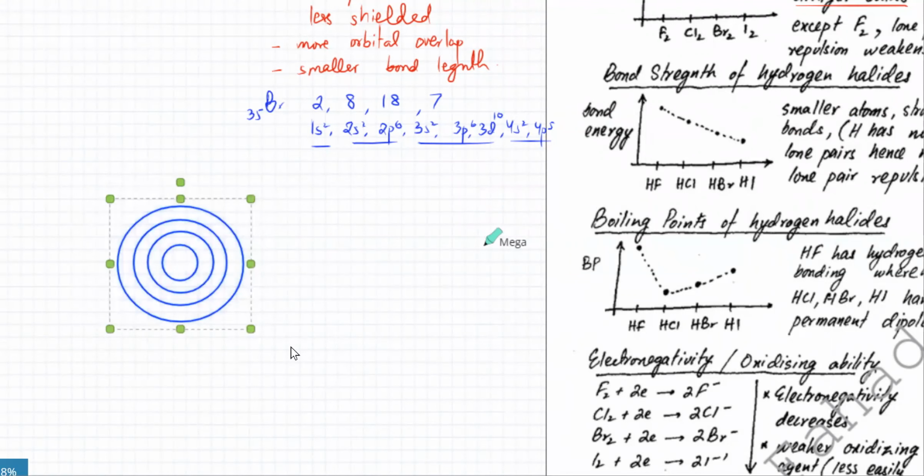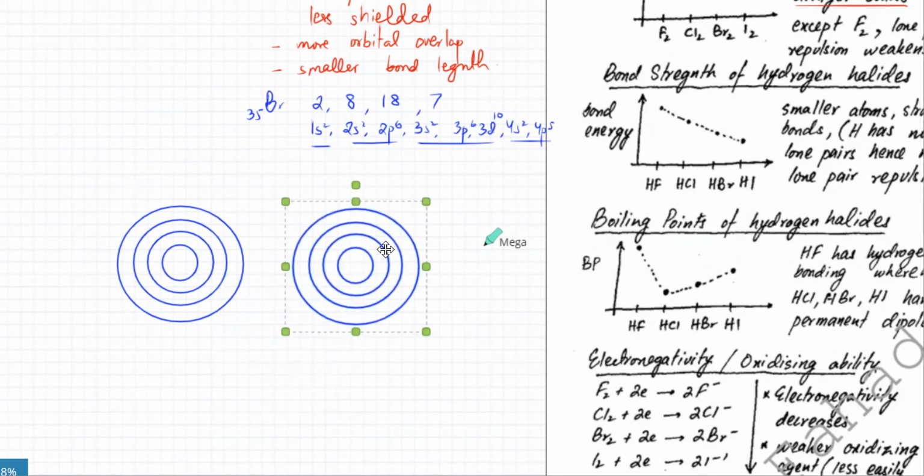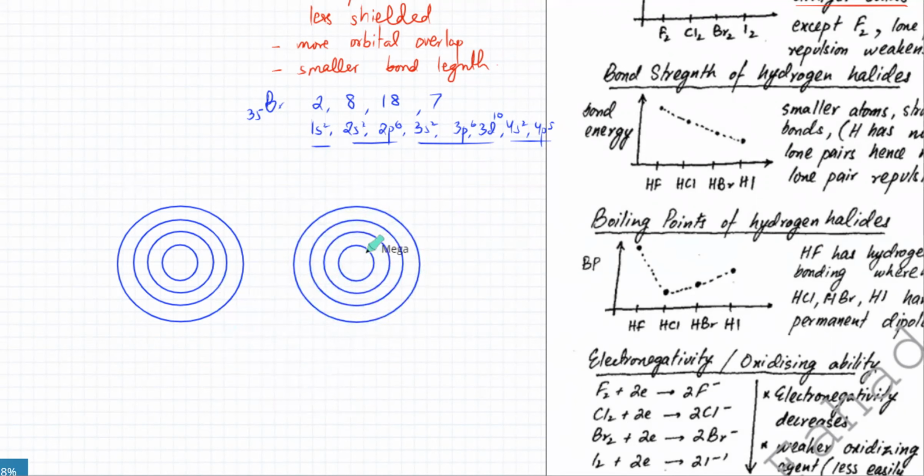So here's my second bromine atom. And lots of electrons, 35 electrons: 2, 8, and 18. That's 1, 2, 3, up to 18. And it's got 7 electrons in the last shell.